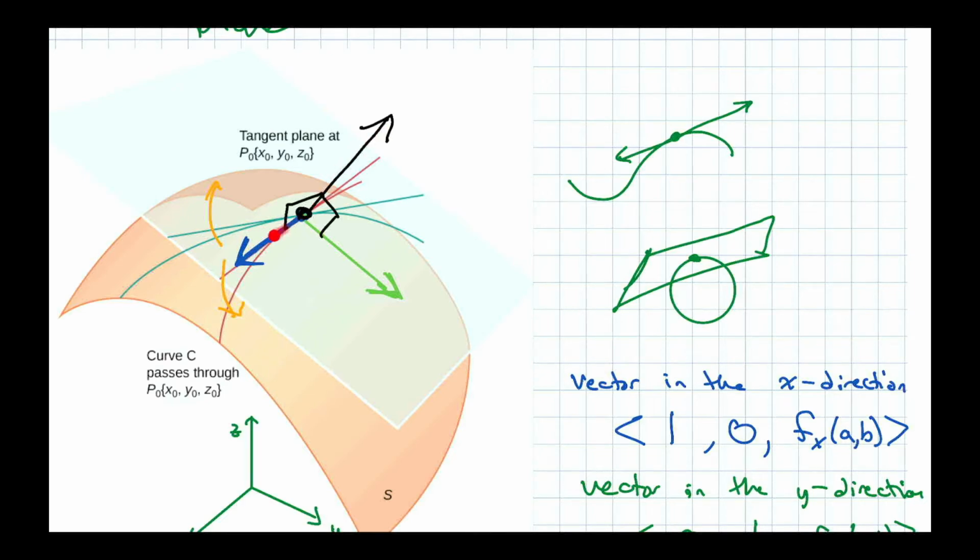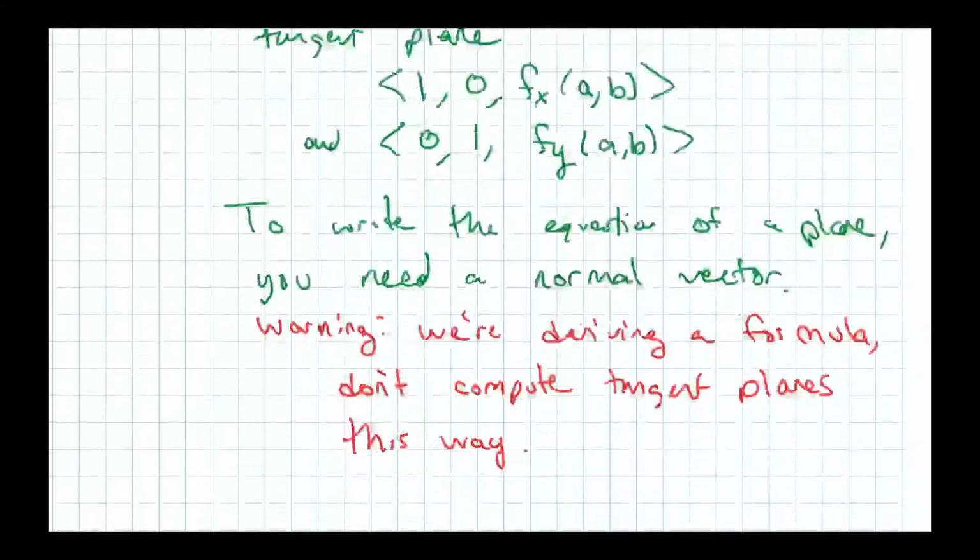But it's hard to see that because the angle of that plane is a little bit weird. On this picture, the idea is like if you have a vector like that and a vector like that, then the tangent plane, the normal would be like that out of that plane. Okay, so you need that normal vector.